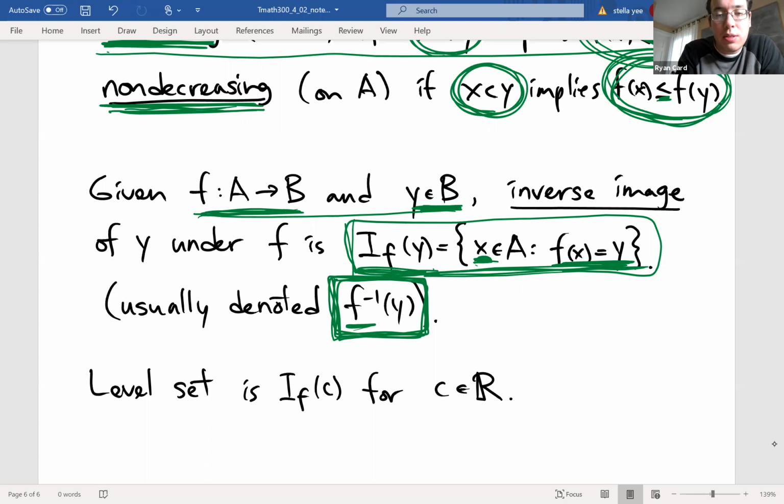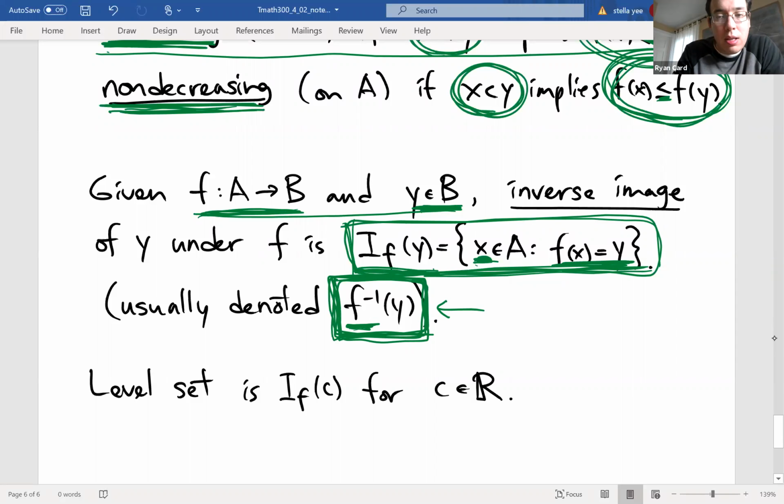Just by writing that notation, it might look like the function has an inverse, but a lot of functions don't have inverses. So I can understand the hesitation; the book didn't want to use this notation. But you should know this notation because it is more commonly used than the book's notation here.